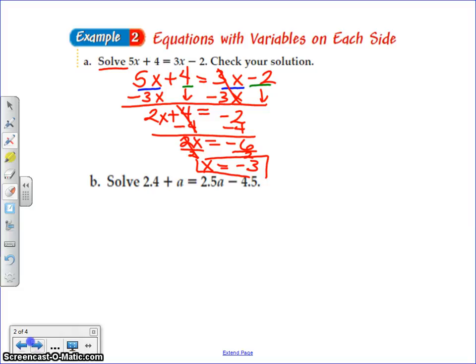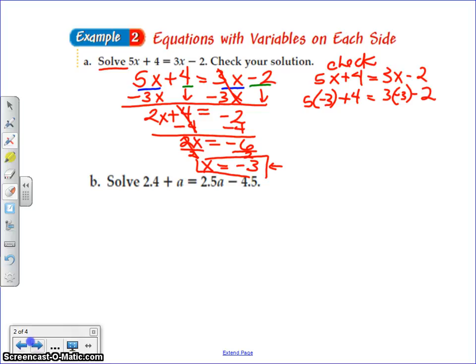And we can check our answer. To check, I would take my original equation, 5x plus 4 equals 3x minus 2, and substitute in what I found x to be, which was negative 3, right? So 5 times negative 3 plus 4, does that equal 3 times negative 3, again, because it's 3x minus 2? 5 times negative 3 is negative 15 plus 4.